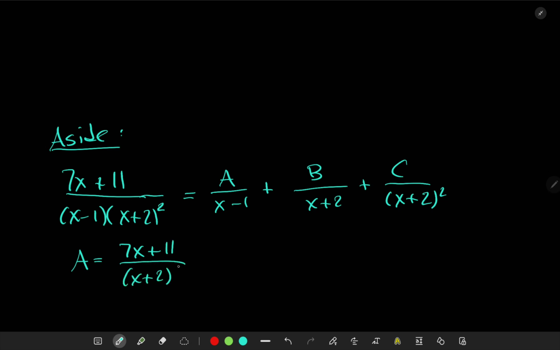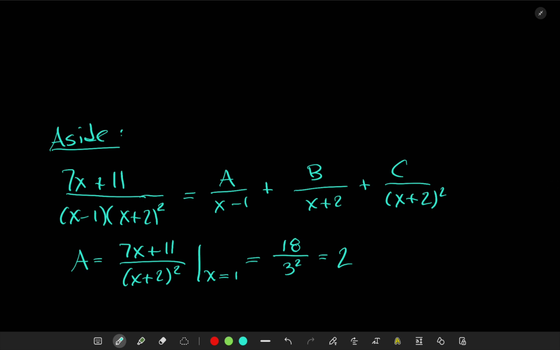I'm ignoring the x minus 1, the one that makes it 0, and I'm going to evaluate it at x equals 1. So that's going to be 7 plus 11, which is 18, over 1 plus 2 squared, which is 9. So I'm going to get a 2 for that coefficient. So that coefficient is easy to obtain.